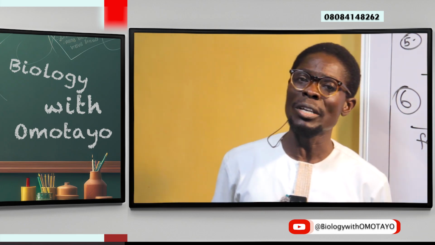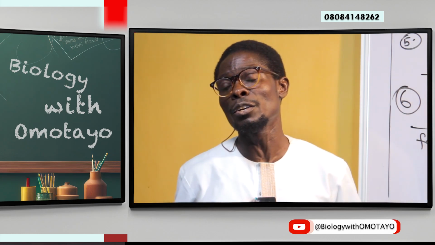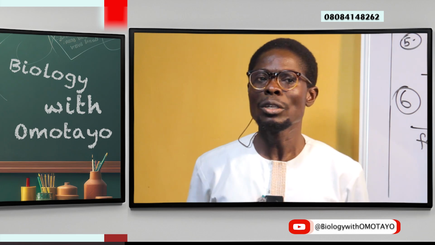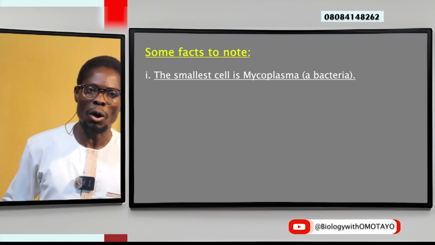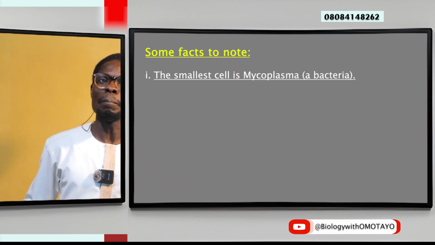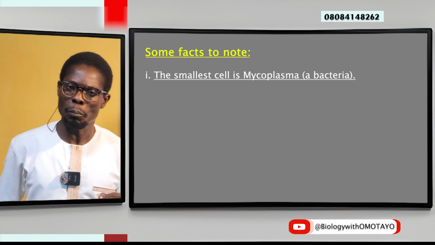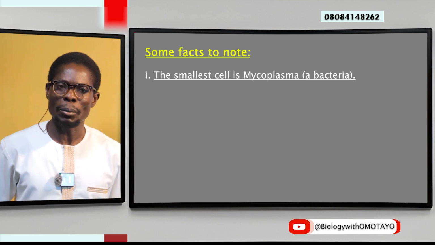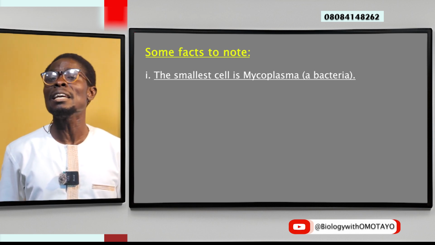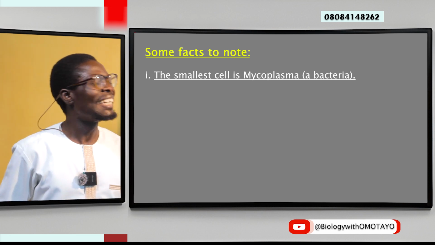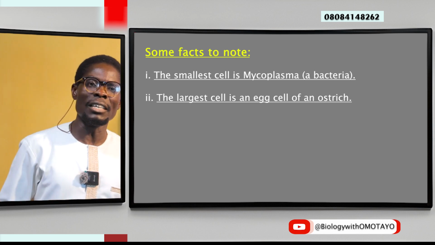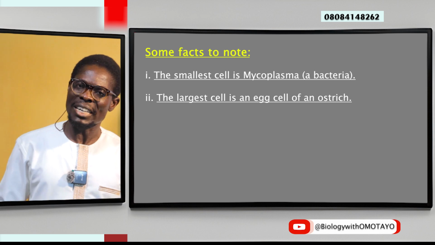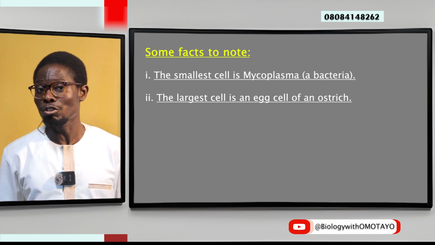However, before we step out of this class, permit me to just give you a guide on a few facts with regards to the cell. Please take note. The smallest cell is a bacteria. In fact, mycoplasma. Yes, the smallest cell is mycoplasma. Mycoplasma is a bacterium. Okay, and then the largest cell is an ostrich egg. Yes, the largest cell of an animal known is an ostrich egg.